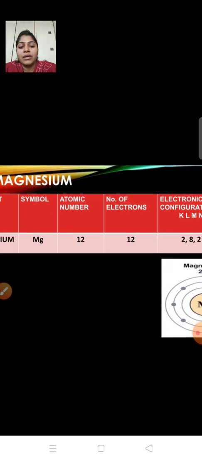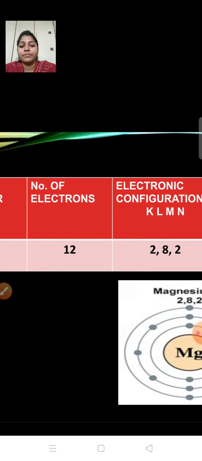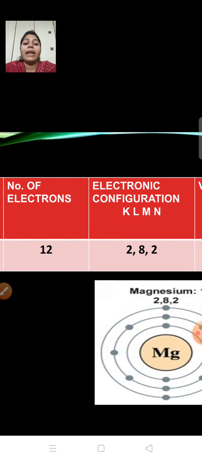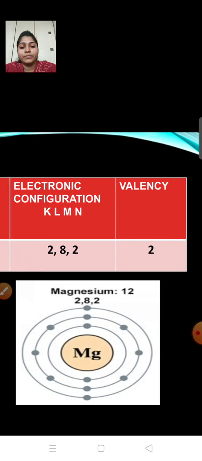The next one is magnesium. Symbol is Mg. Atomic number is 12. Number of electrons is 12. Electronic configuration, 2 electrons in K shell, 8 electrons in L shell and the remaining 2 electrons in M shell.